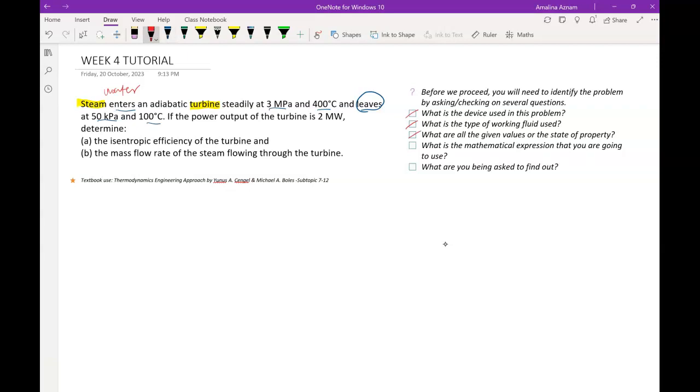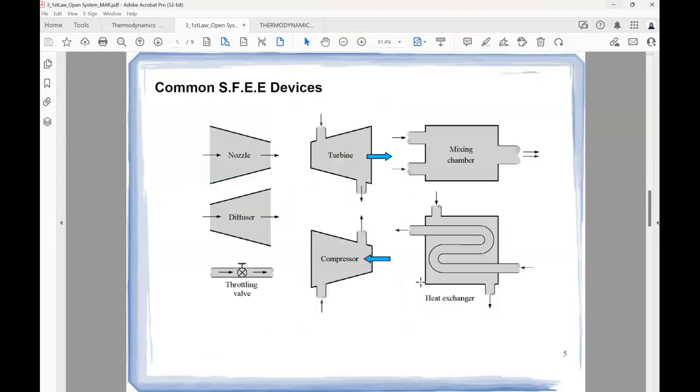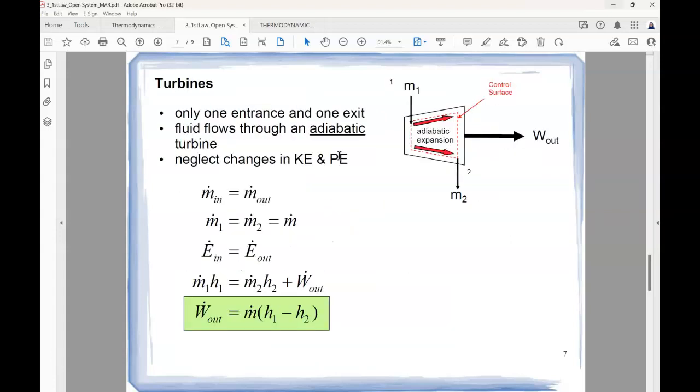Alright, so this is where we recall the notes from our class. Since you have a turbine, we are going to draw this turbine, and the mathematical expression that we are going to use is this one.